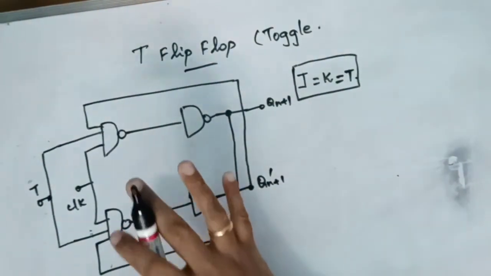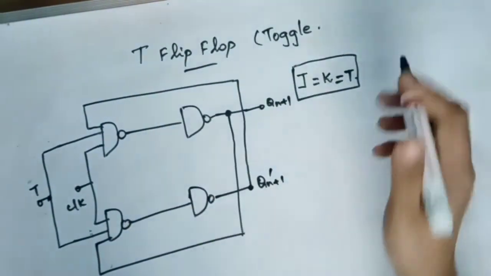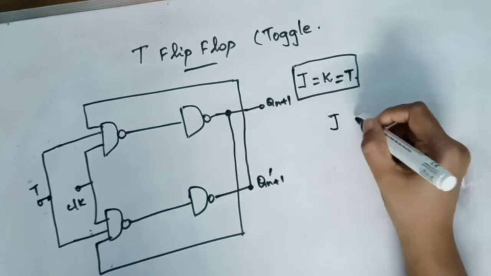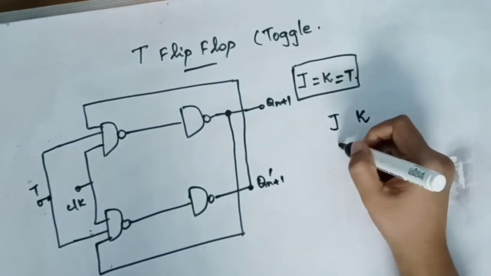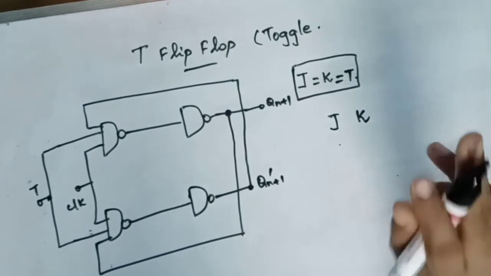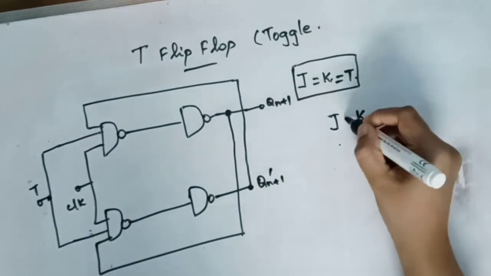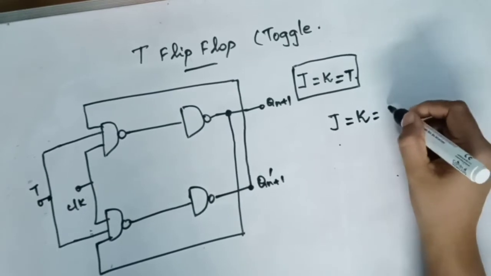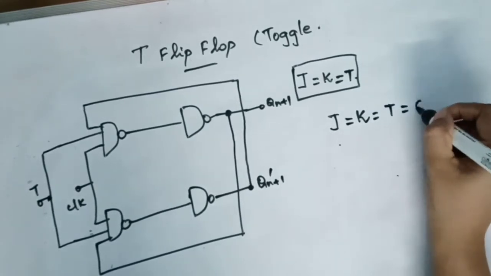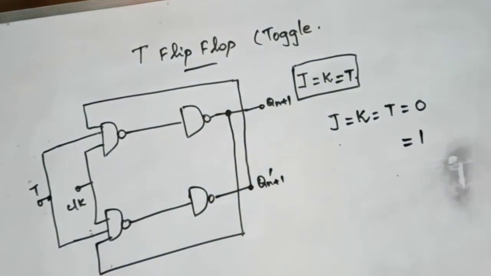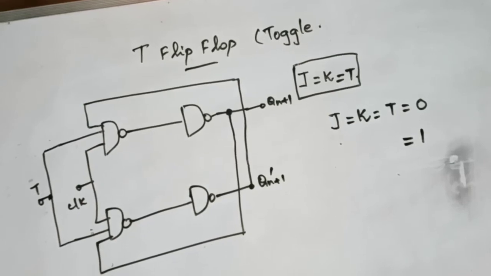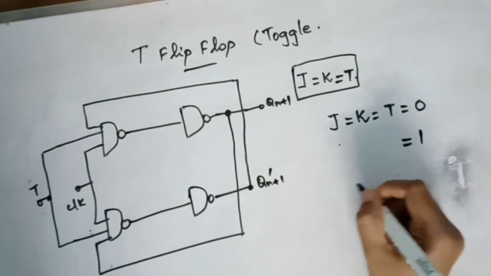Since the circuit is similar to that of the JK flip-flop, we know that when J equal to K there are only two cases. J equal to K equal to T means T is either 0 or 1. J equal to 0, K equal to 0 is T equal to 0. J equal to 1, K equal to 1 is T equal to 1.